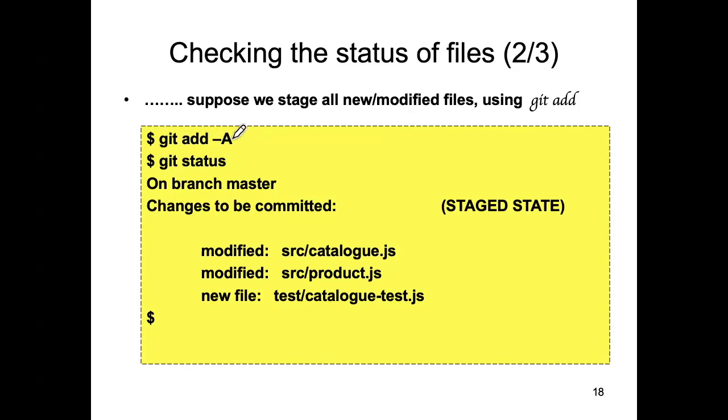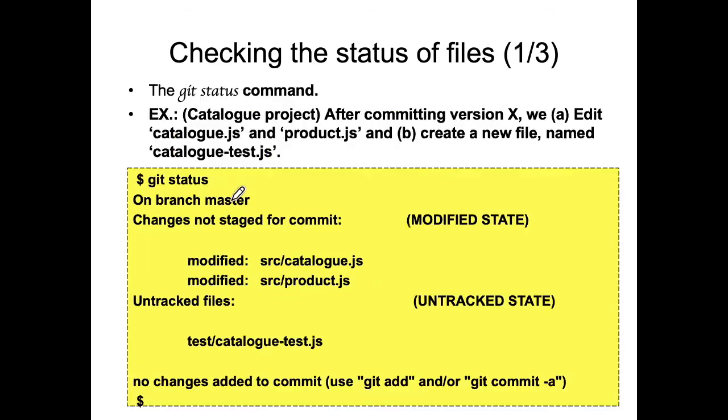Now, when I do that, and then I ask git again, can you now tell me the status of my working directory? What it gives back to me is slightly different. It's now telling me that there are some changes to be committed. So it actually knows that you have staged them, but you haven't committed them yet. Contrast that with what it said here.